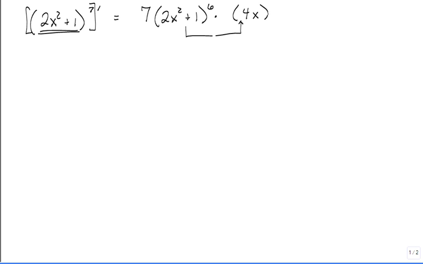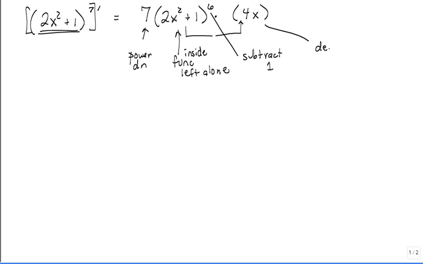Derivative of 1 is 0. So, power down, inside function left alone, subtract 1, derivative of inside function.